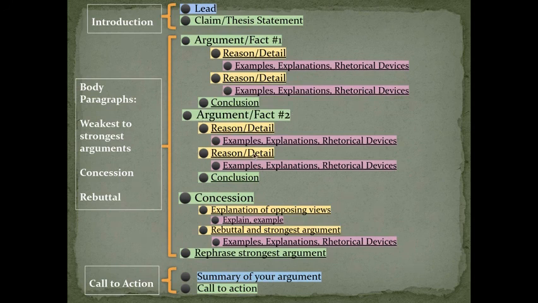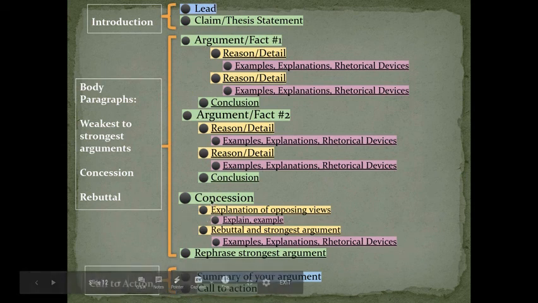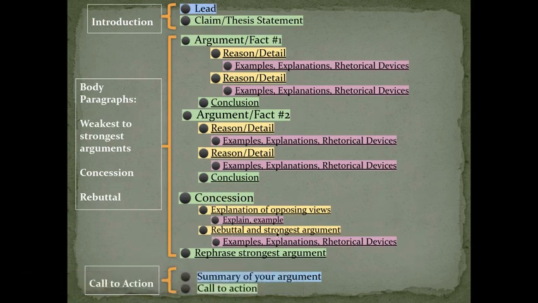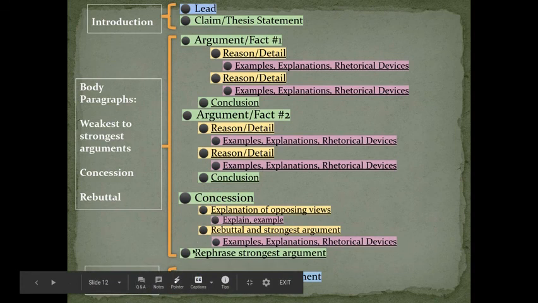Argument number 2, again, with those reasons and details to support your argument and fleshed out with examples, explanations, and rhetorical devices, and a conclusion. And finally, your concession that is explained. Your rebuttal, hopefully, is your strongest argument and explains why the other side is wrong.